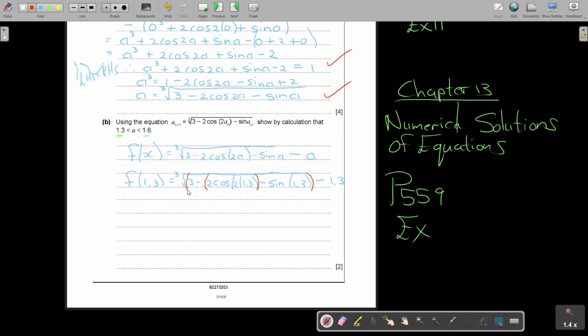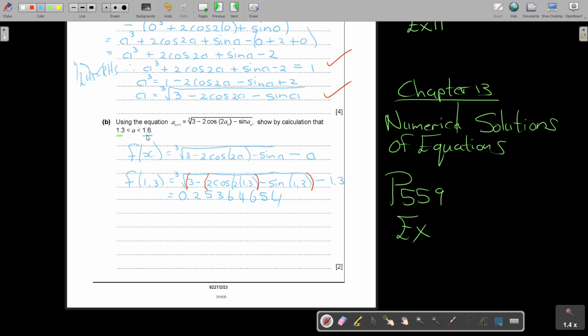Then I press equal, and then I say minus 1.3 equals. Now I get on my calculator 0.25364654. I just write the full display because I'm used to writing full calculator displays.